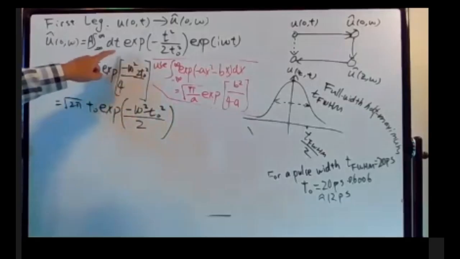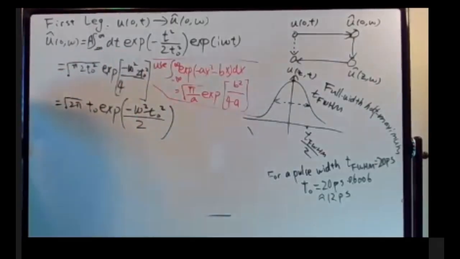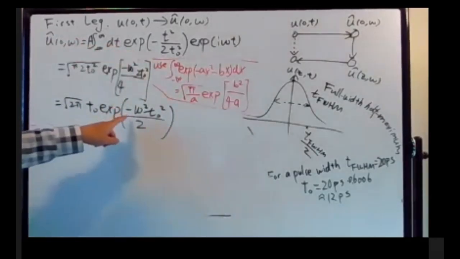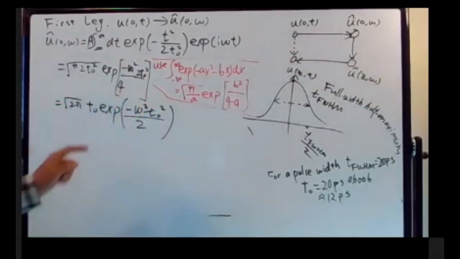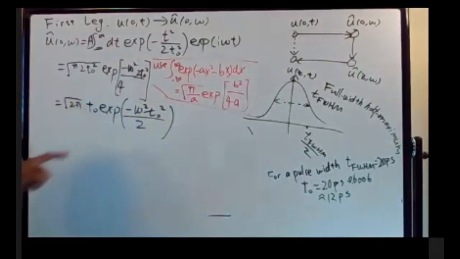That is the Fourier transform of this Gaussian pulse. You can see it's omega dependent, and the shape of this function is also Gaussian.